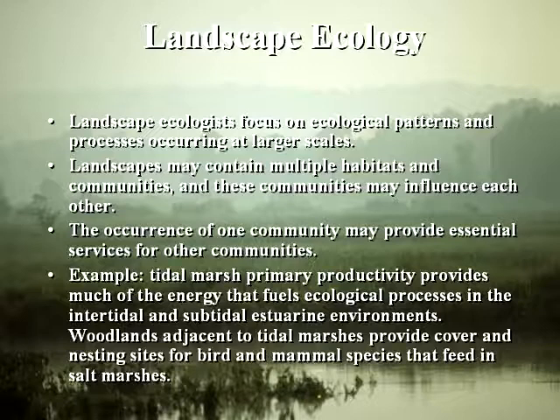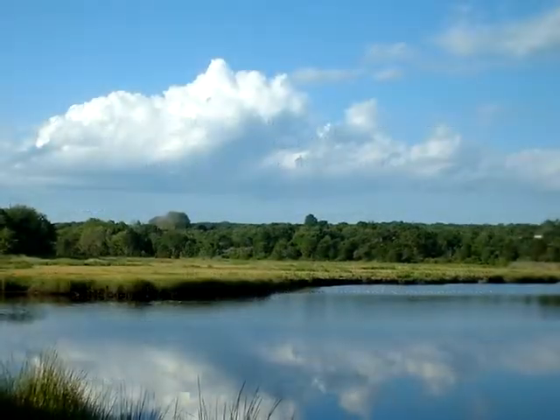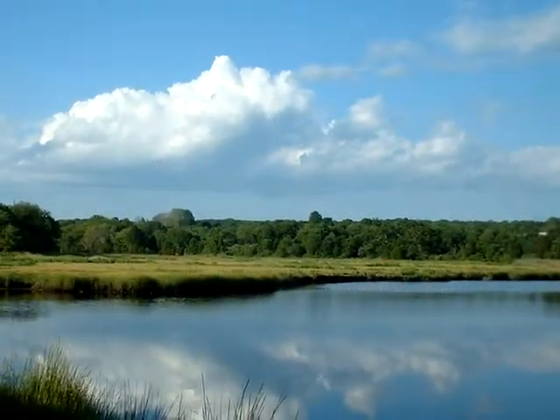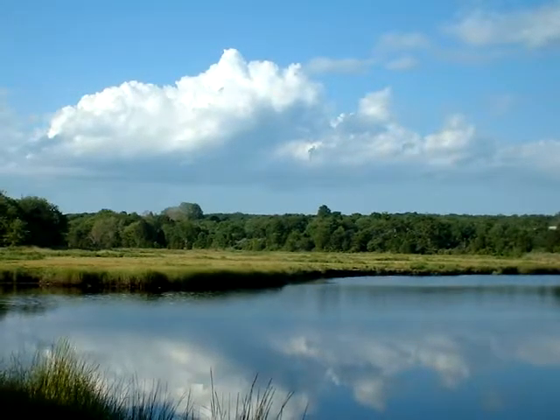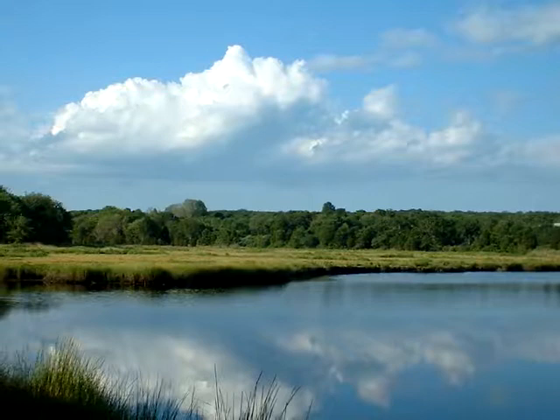Now, landscapes, large-scale areas, tend to have more than one kind of habitat present. So instead of just being a forested area, we might have, like you see in this image here, water, marshland, and then adjacent forest also.